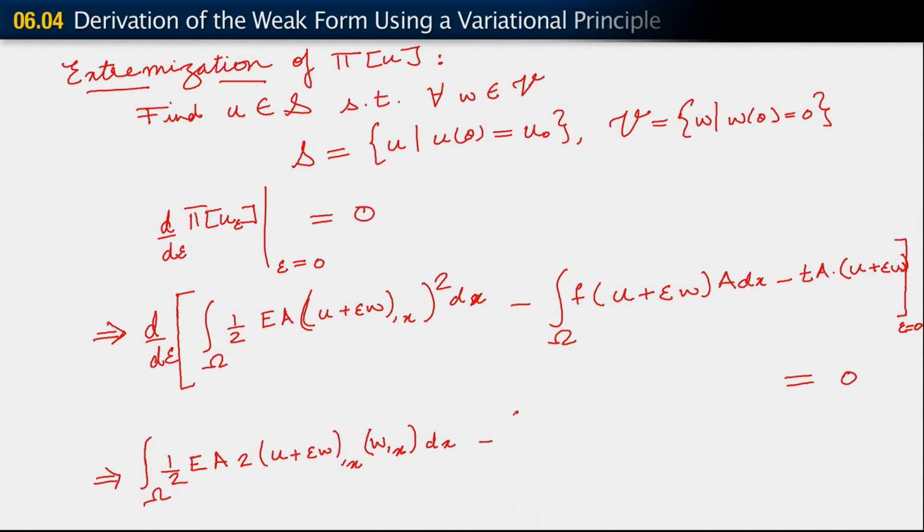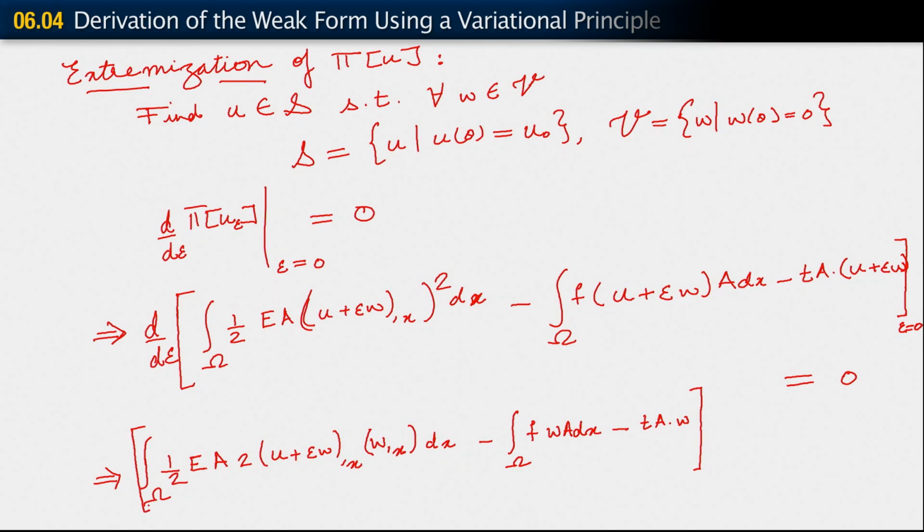minus integral over omega f times W A dx minus TA times W. Okay? All we've done here is recognize that epsilon belonging to real numbers is just a number, right, it simply multiplies out each of these integrals.